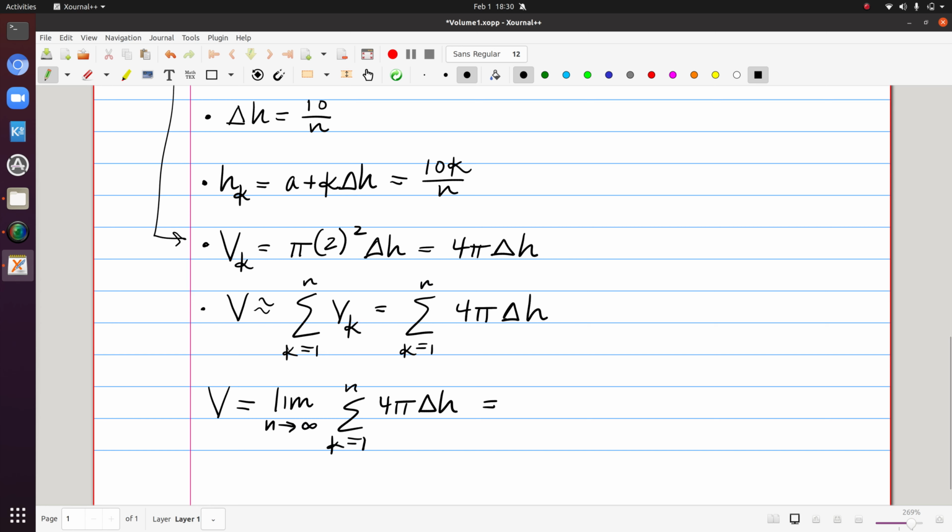And the advantage of having set up this Riemann sum is now I can really see what the integrand is going to be. So in particular, I see that my integrand is going to be the constant function 4 pi. The reason is, we think about where everything goes. So delta h now becomes dh. That leaves the 4 pi, which is just a constant function in this case.